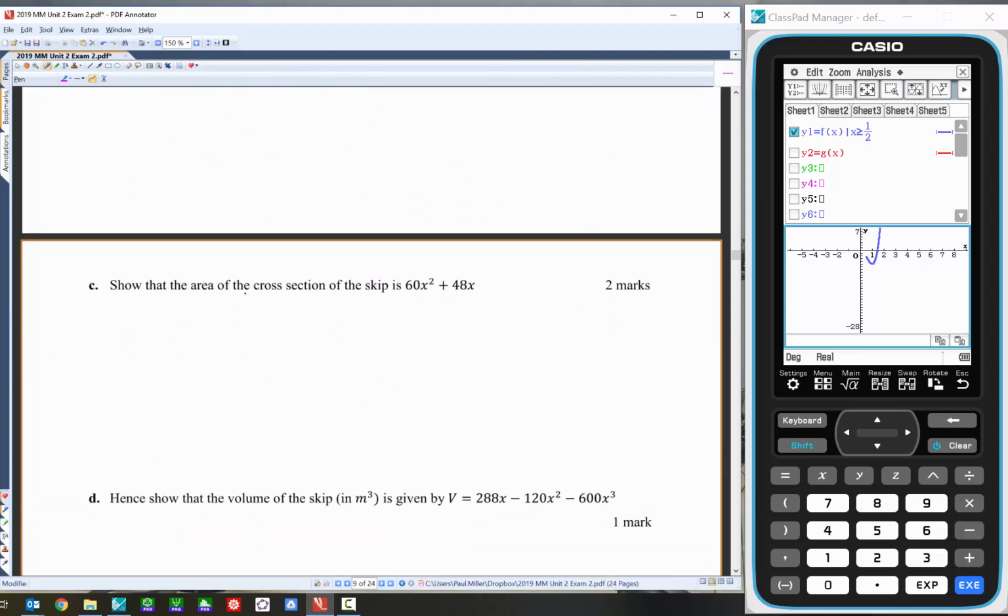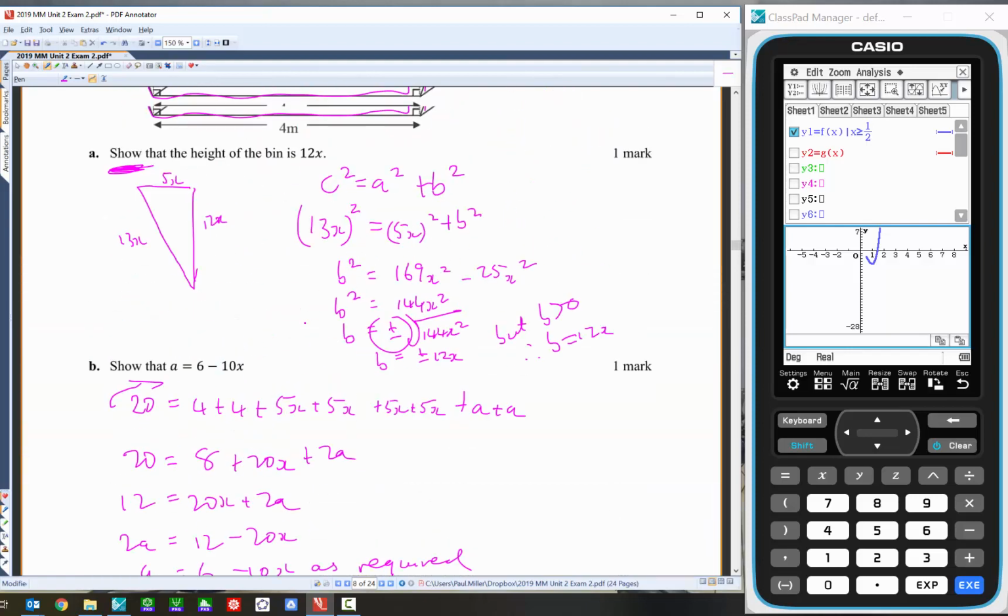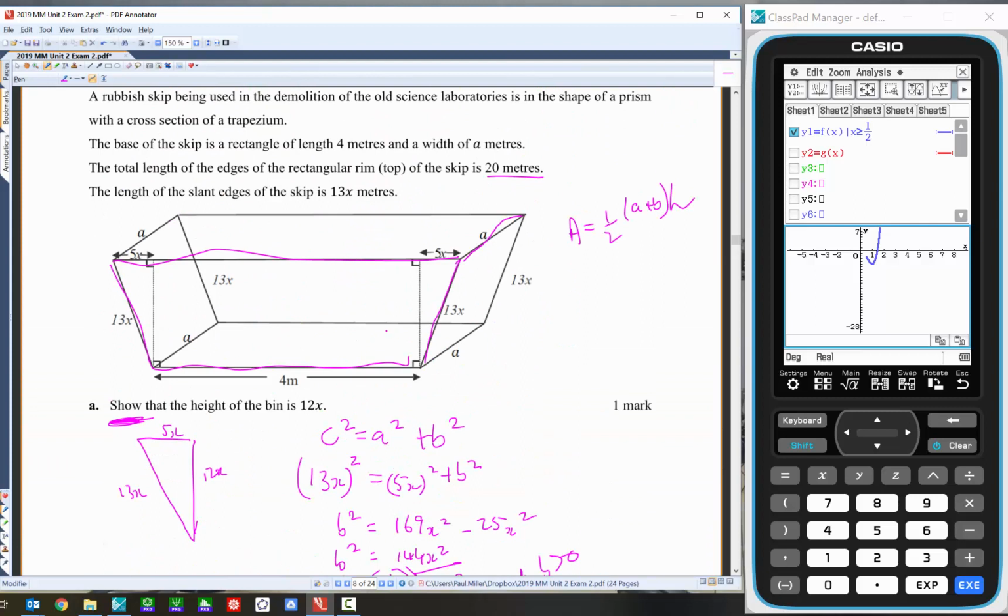Now, show that the area of the cross section of the skip is this. So this is the cross section. Here's where this formula comes into play: area equals half (a plus b) h.